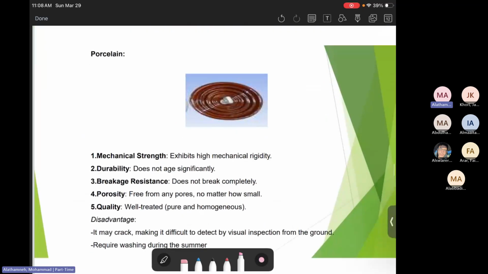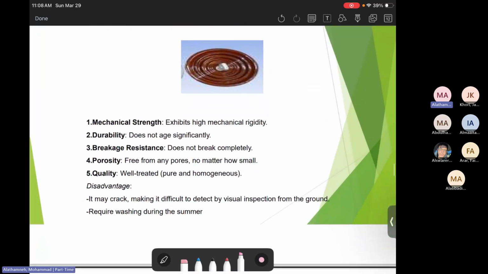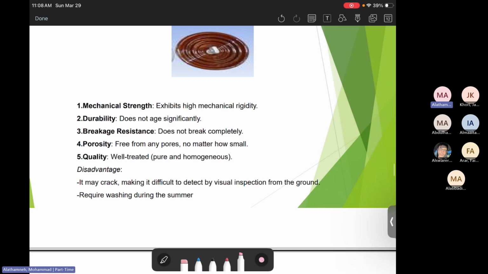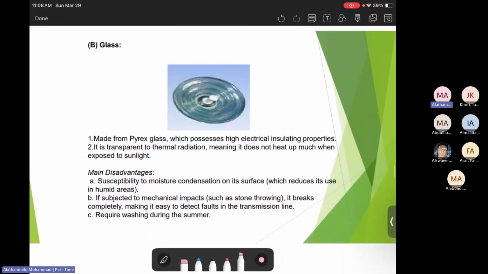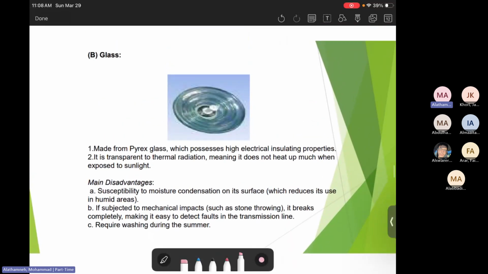However, the problem with porcelain is that it can crack. It is difficult to detect the crack visually. It can crack because of a leakage path, and again it requires washing during the summer. While the drawback of the glass, which is made from Pyrex glass, is that if it is broken, it will be broken completely.